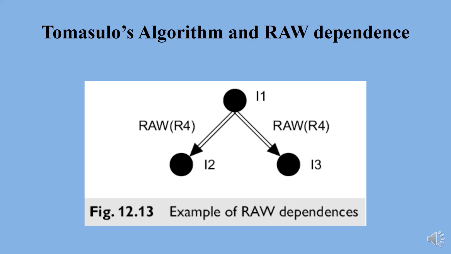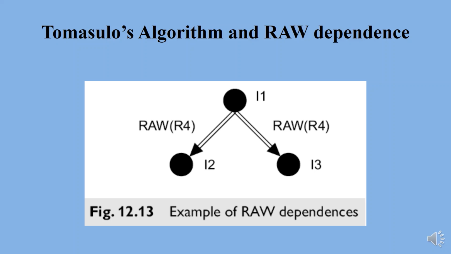When I2 and I3 are issued, they are parked in the reservation stations of the appropriate functional units. Since the required result value from I1 is not available, these reservation station entries of I2 and I3 get the source tag corresponding to the output of I1, that is, the output of the functional unit performing the operation of I1.